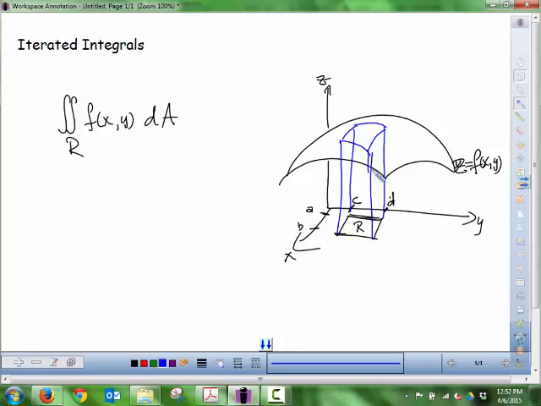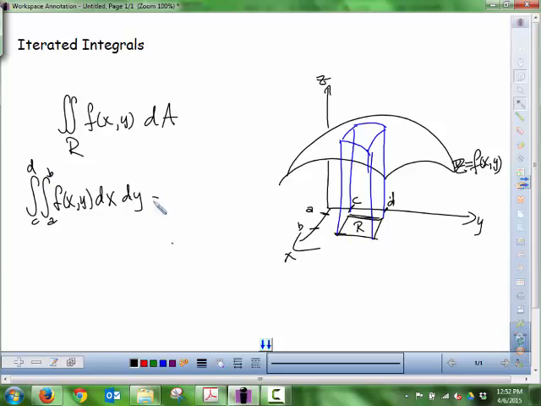And then we can set this up as an integral of the function with respect to x. If we decide we're going to integrate with respect to x first, then the x limits are going to be from a to b, and then we integrate with respect to y, where the y limits are from c to d.